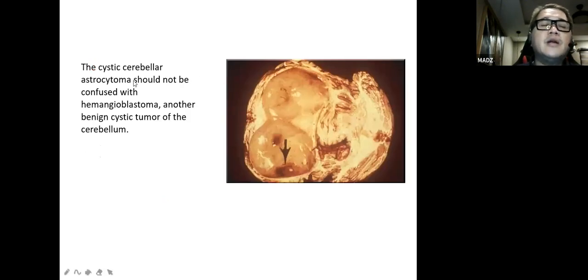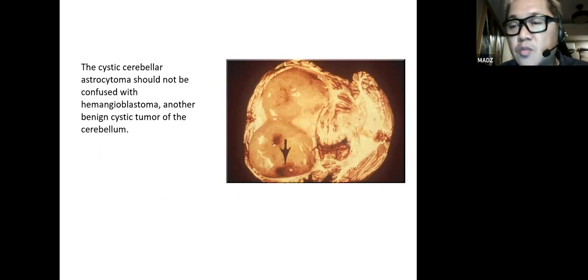The cystic cerebellar astrocytoma should not be confused with hemangioblastoma, another benign cystic tumor of the cerebellum. So it should not be confused with cystic cerebellar astrocytoma or pilocytic astrocytoma. Pilocytic astrocytoma is a common cerebellar tumor, usually astrocytic by origin.